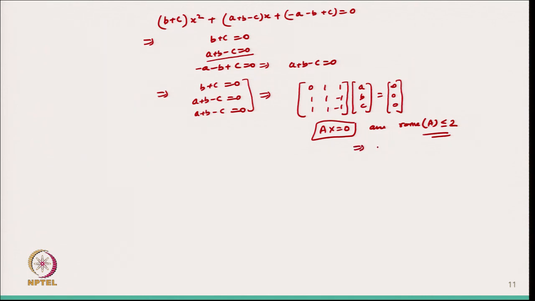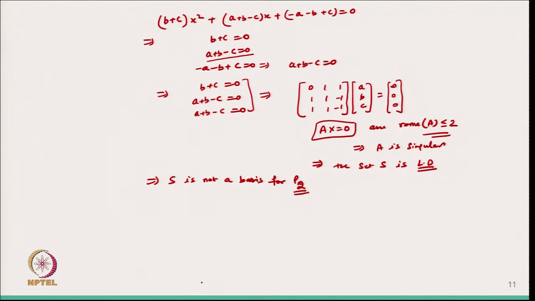And from here I can say that A is singular, which implies that the set S is linearly dependent. So, if it is linearly dependent, then I can say that the set S is not a basis for P2.